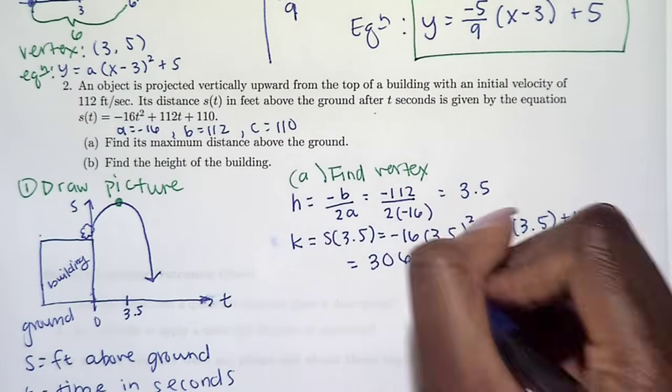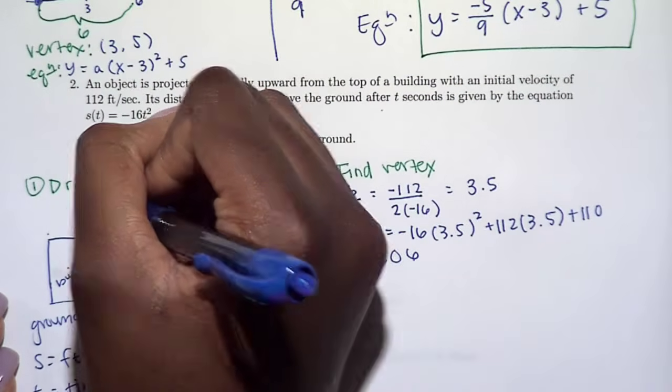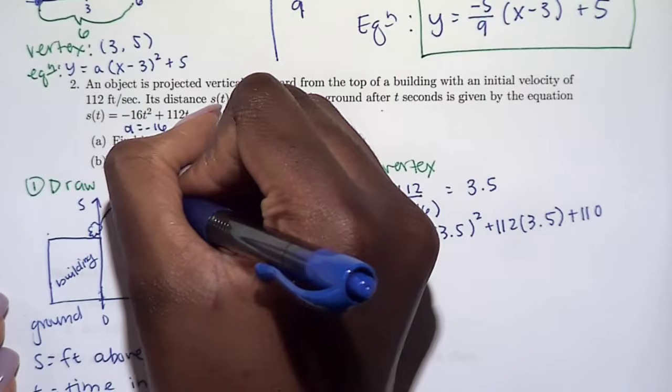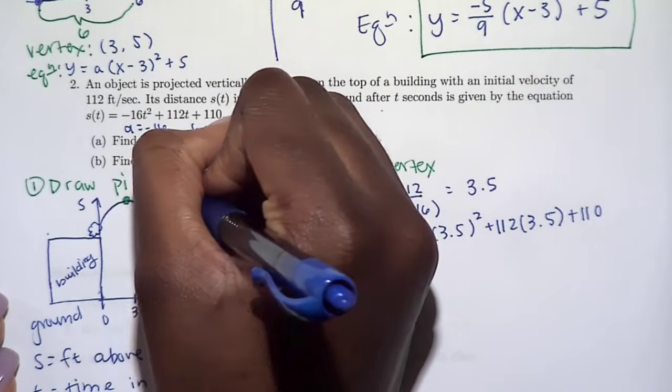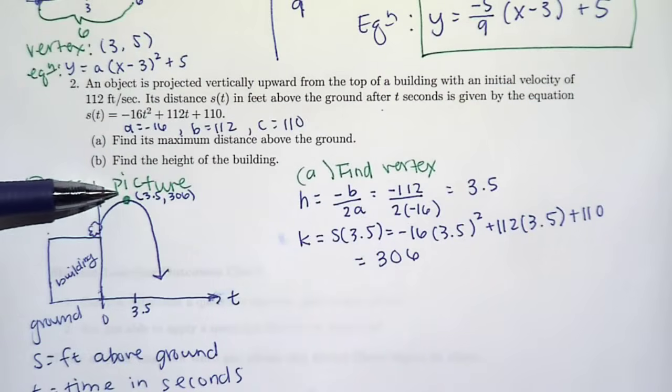So this is 306. So this is the point 3.5 and 306. So now, could you tell me the maximum distance above the ground? Do we know this height?